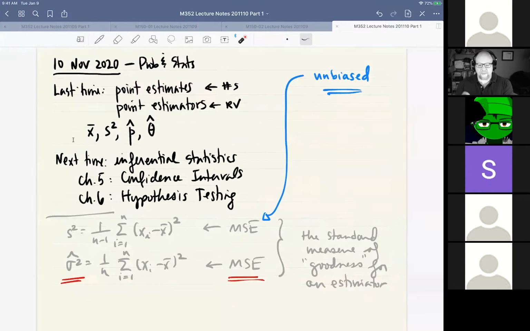I'm using accurate in the technical statistical sense, where when we talk about error, we talk about precision and accuracy. Precision is where your standard deviation is small. Accuracy is how close you are to the actual parameter, on average. The sample variance is more accurate. This estimator is inaccurate, and that's why we prefer this one.